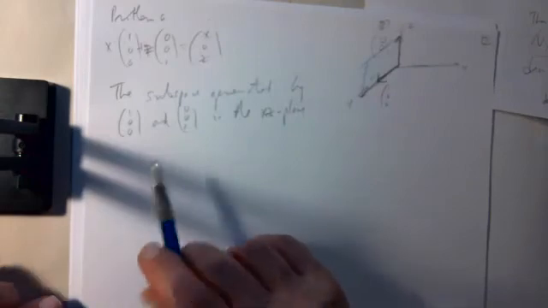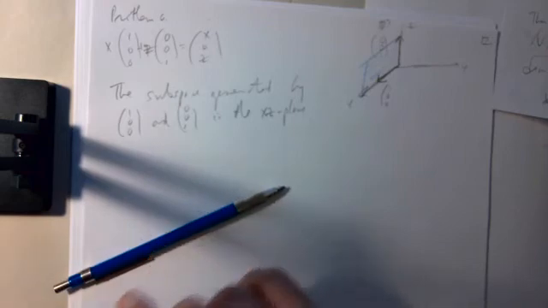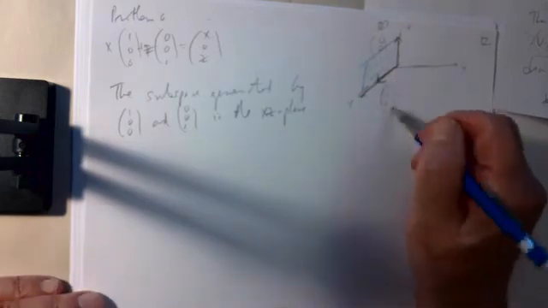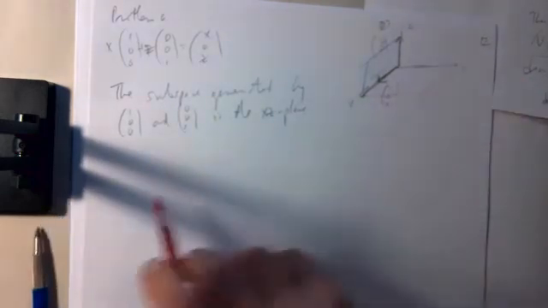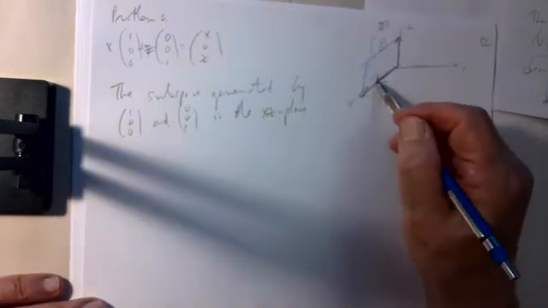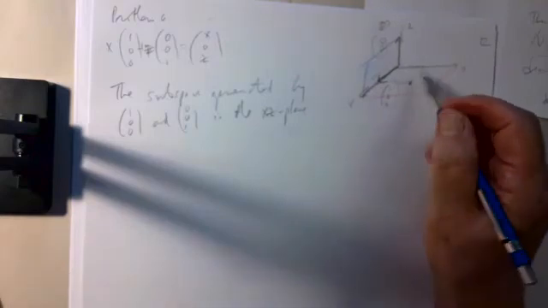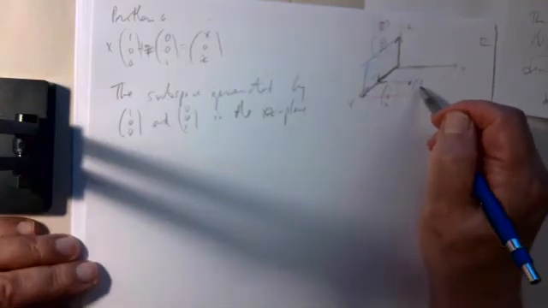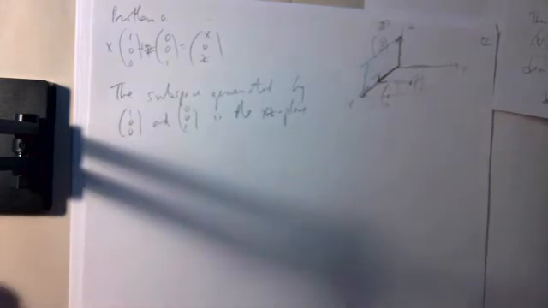Where is the vector 1, 1, 0? So sitting in the xy plane, if you go one unit in the x direction and one unit in the y direction, you end up over here. This is the vector 1, 1, 0 in the xy plane.